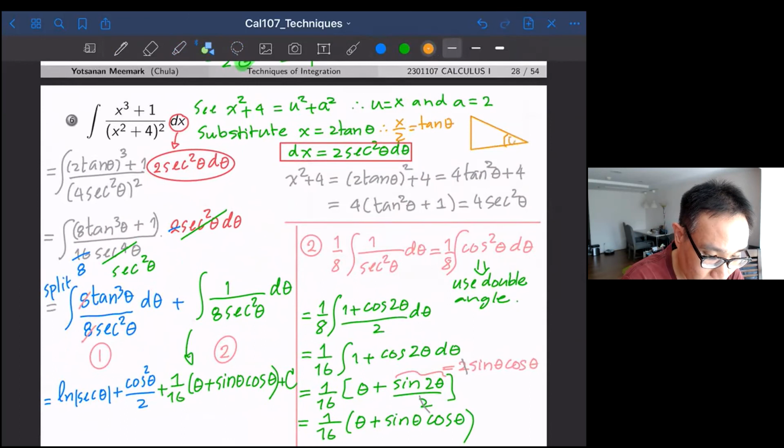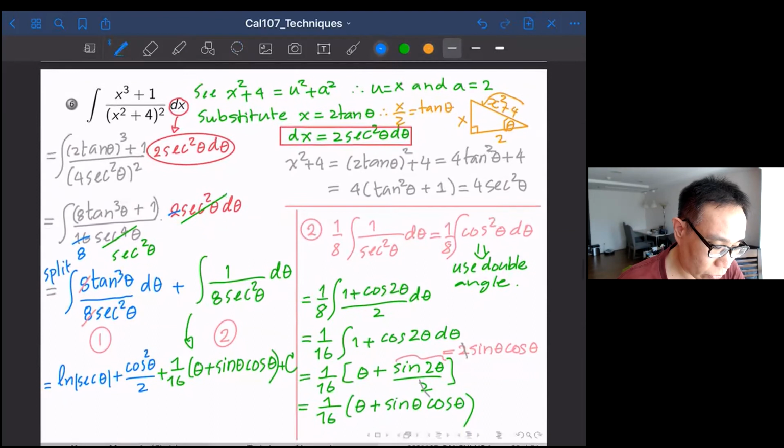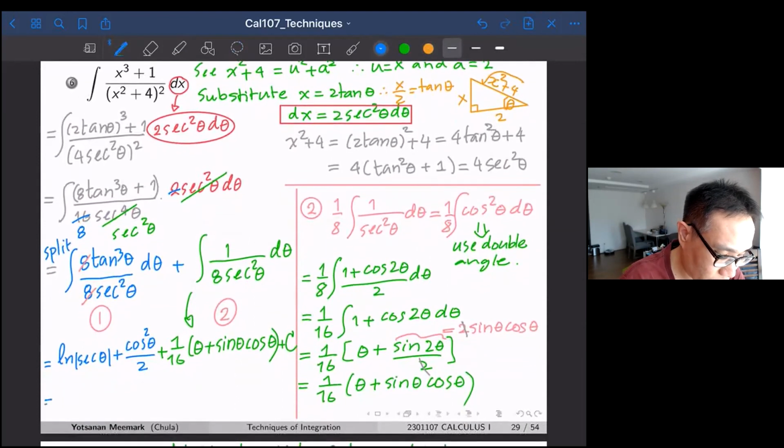You have theta, you have x here, opposite, and you have 2, which is adjacent, and you have the square root of x squared plus 4 to be the hypotenuse.